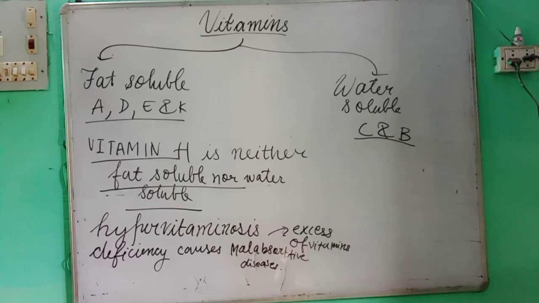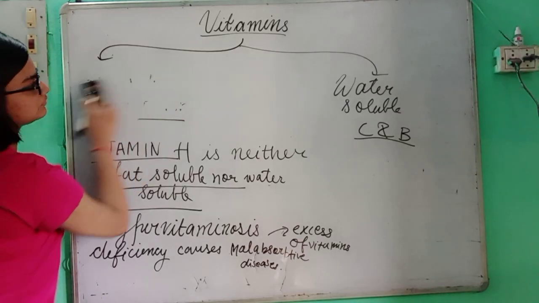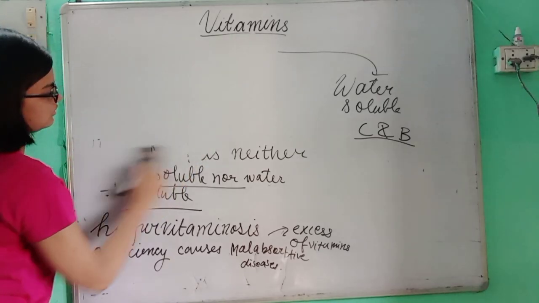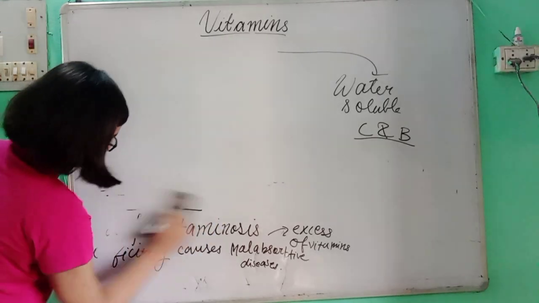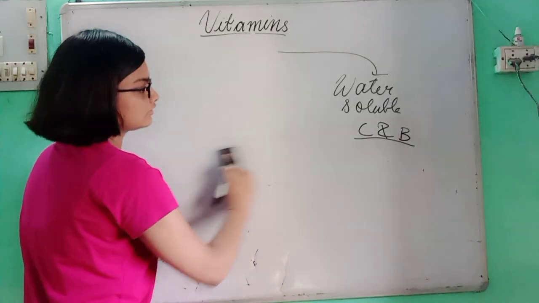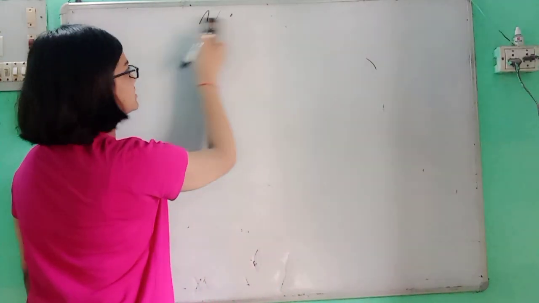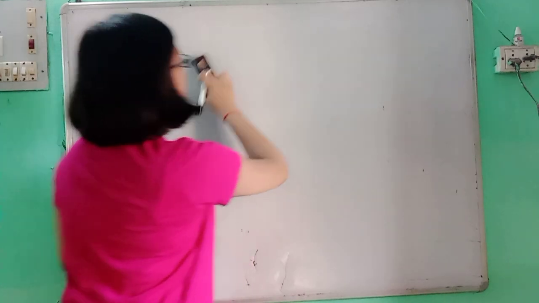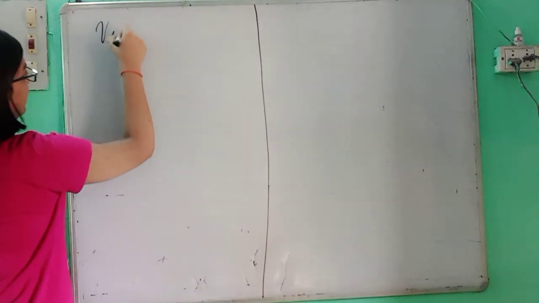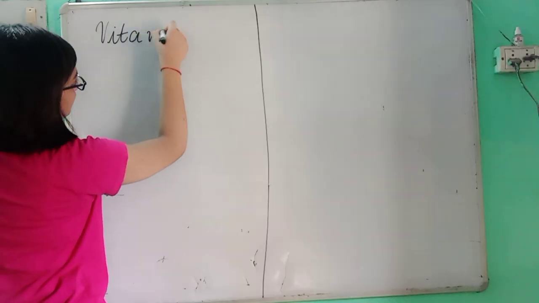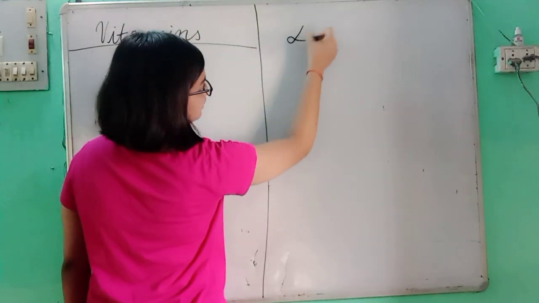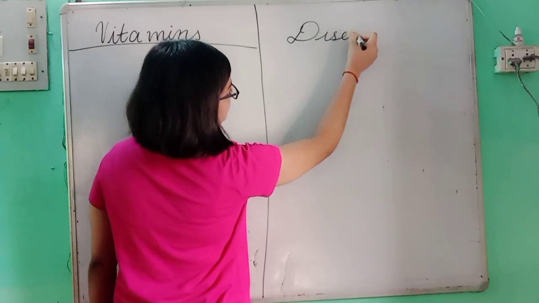Now, let us learn about different types of vitamins and what sort of diseases they cause. So, let us divide and make two columns. This one is vitamins, and this one is diseases.